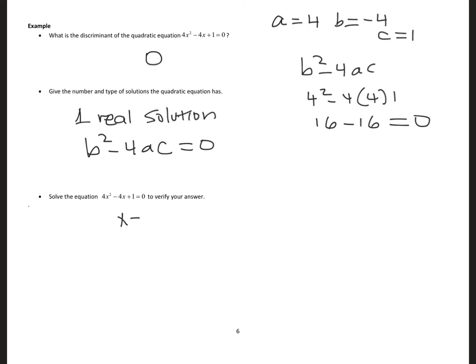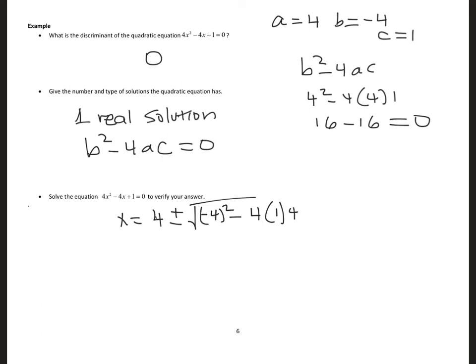So x is going to be minus b. We know that b is already negative, so this is going to be 4, and this is plus or minus the square root of b squared. b squared is minus 4 squared minus 4 times a times c.